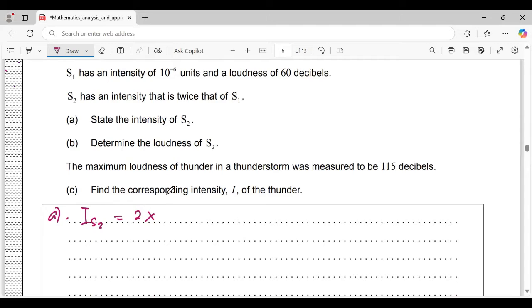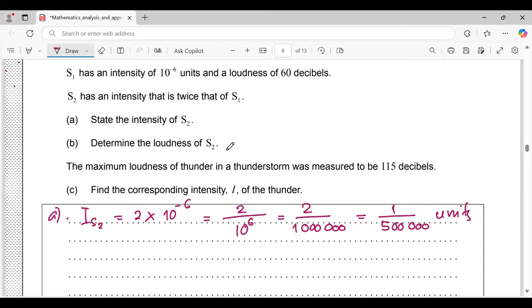It means 2 times 10 power minus 6, or we can write 2 over 10 power 6, or 2 over 1 million. If we simplify, it becomes 1 over 500,000 units, of course, units here.